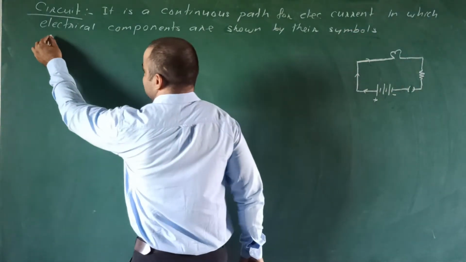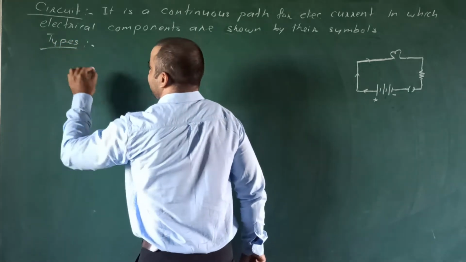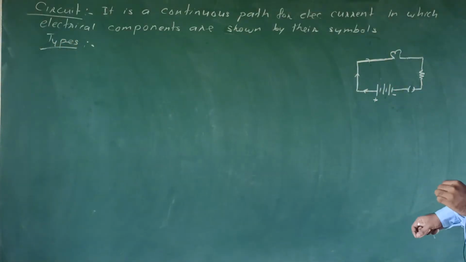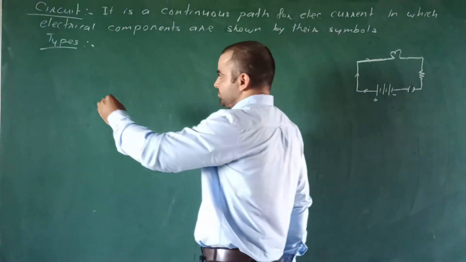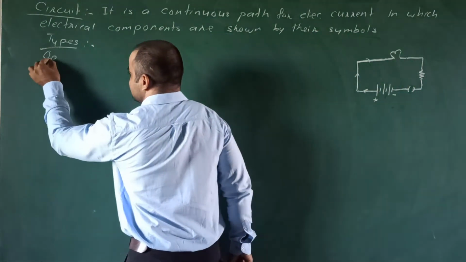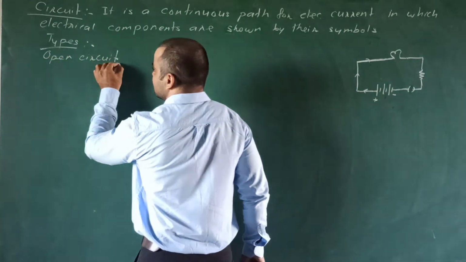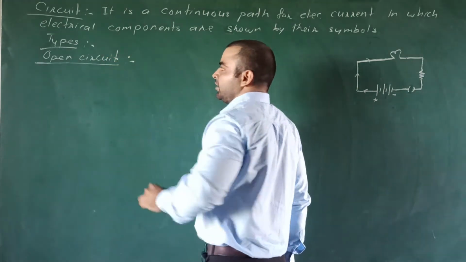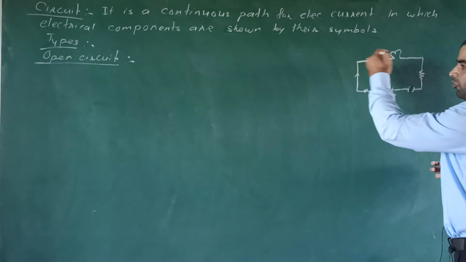Types of electrical circuit. There are two types of electrical circuit: one is open circuit and another is closed circuit. Open circuit: a circuit will be open if it is broken from any point.